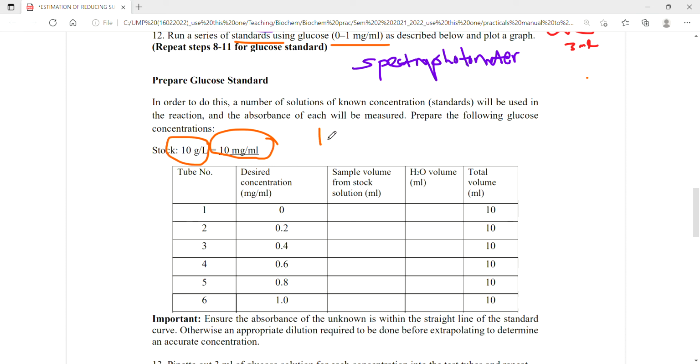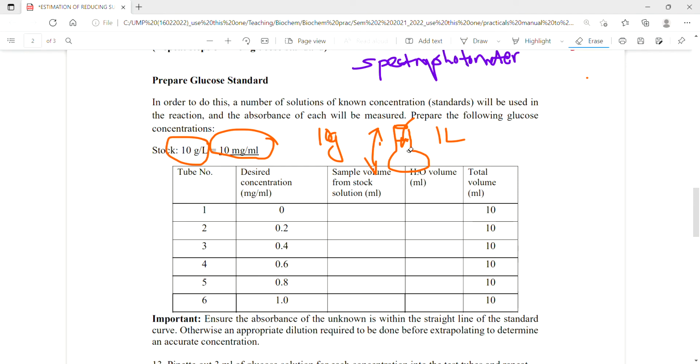You weigh 10 gram, and then again using a volumetric flask, hopefully a 1 liter flask, put the 10 gram inside, add water until the meniscus, shake up and down, then you get 10 gram per liter concentration of glucose, which is equivalent to 10 milligram per ml of glucose standard. Okay, right.